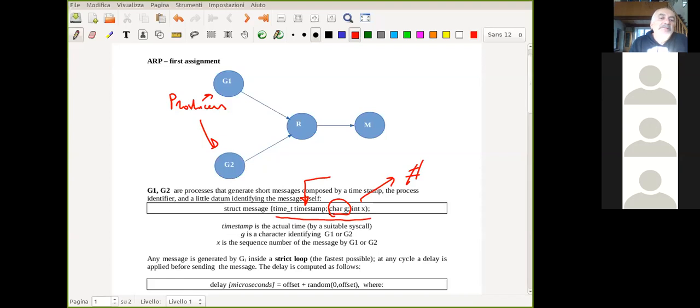But the byte, the payload of the message, is not important. Maybe just to distinguish the 2 producers, so they identify themselves with a different character. This is a very critical point.